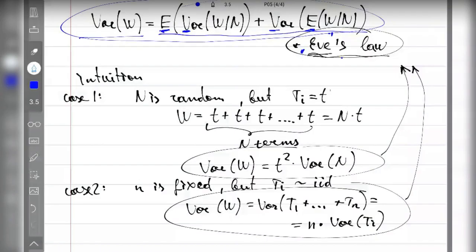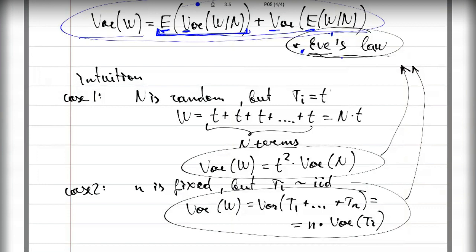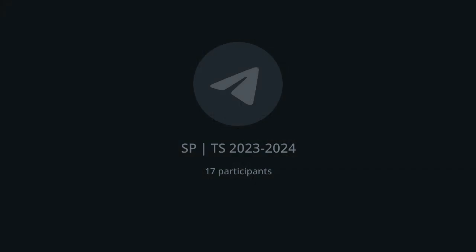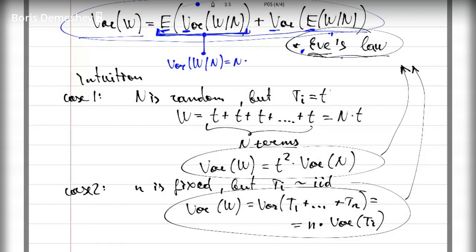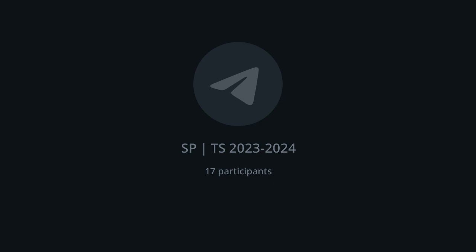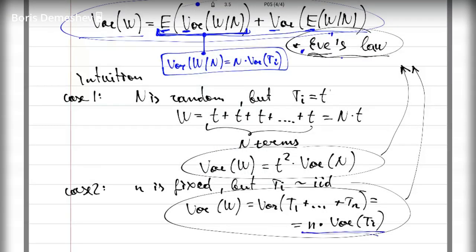What is the first term? The first term: the variance of W given n, where n is fixed, so it's n times the variance of ti. That corresponds to this extreme case.